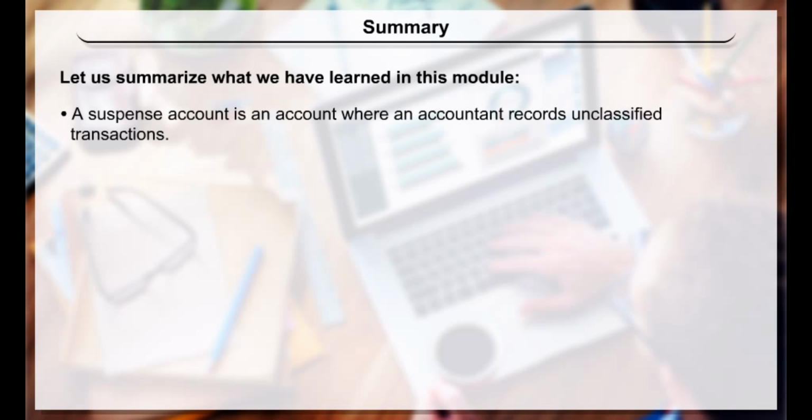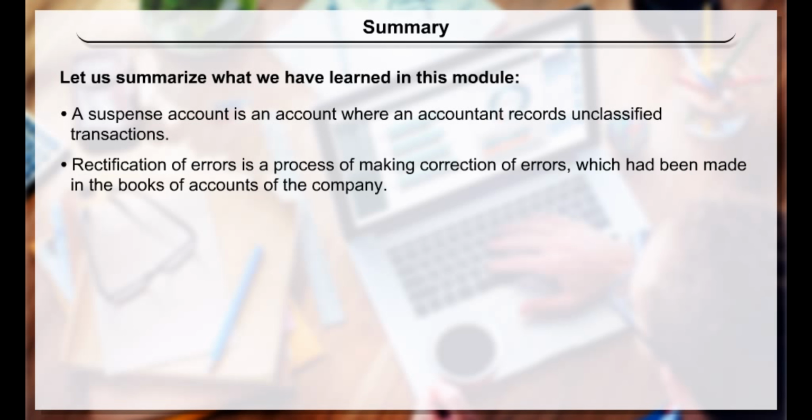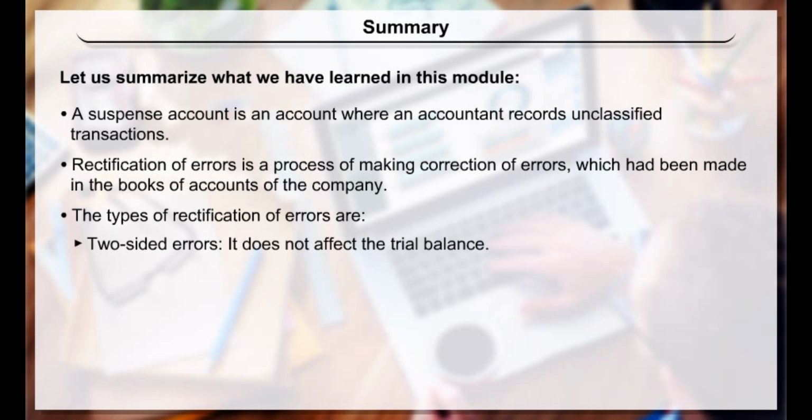A suspense account is an account where an accountant records unclassified transactions. Rectification of errors is a process of making correction of errors which has been made in the books of accounts of the company. The types of rectification of errors are: two-sided errors. It does not affect the trial balance. One-sided errors. It affects the trial balance.